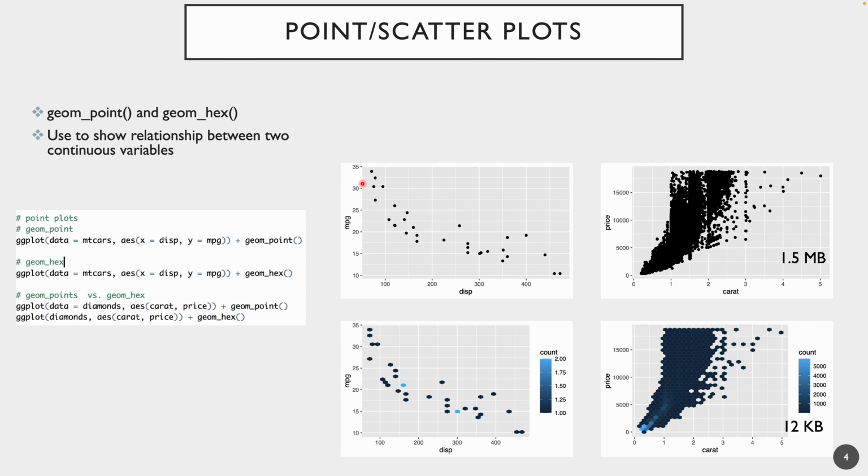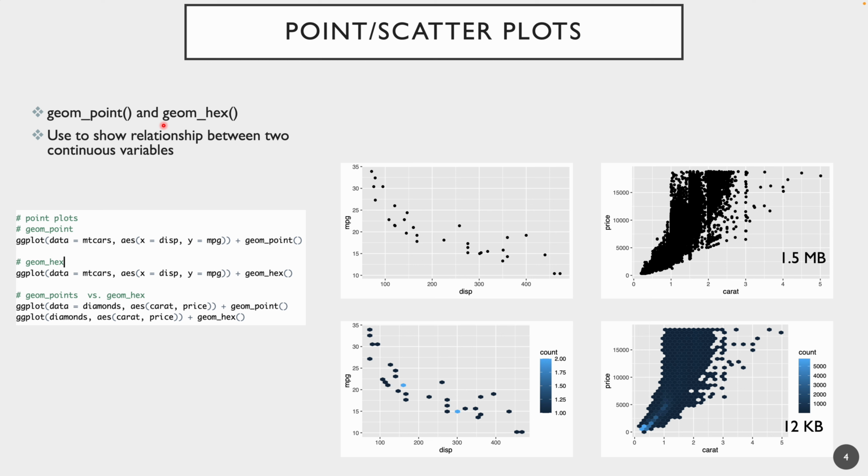Like I said, the first family of geometries are the point or scatter plots. Here I'll mainly introduce the two most widely used point plots. One is the scatter plot, as we have shown before, which is realized by the geom_point function.